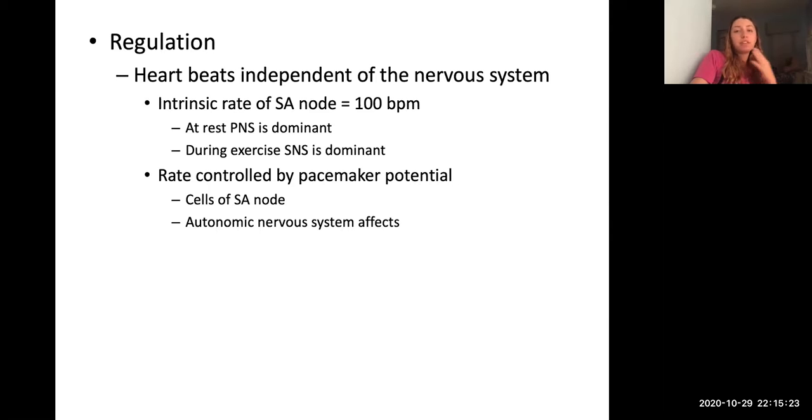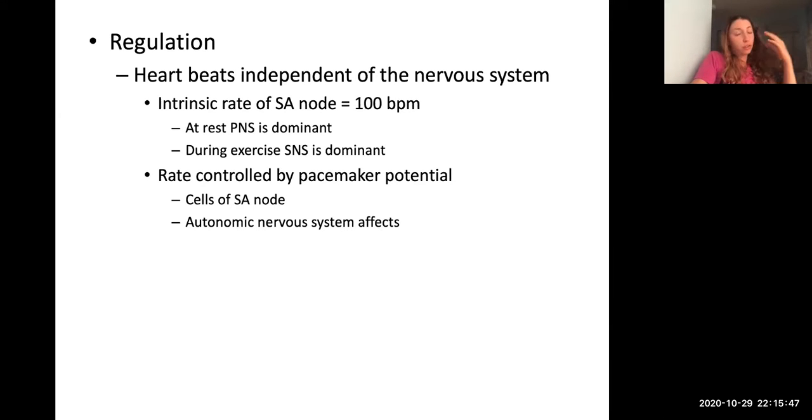The intrinsic rate of the SA node is about 100 beats per minute. She talks about intrinsic rate on one slide in the nervous system. So the heart can beat by itself, right, by the SA node, but the PNS and the SNS have dominion over it, so they modulate it.